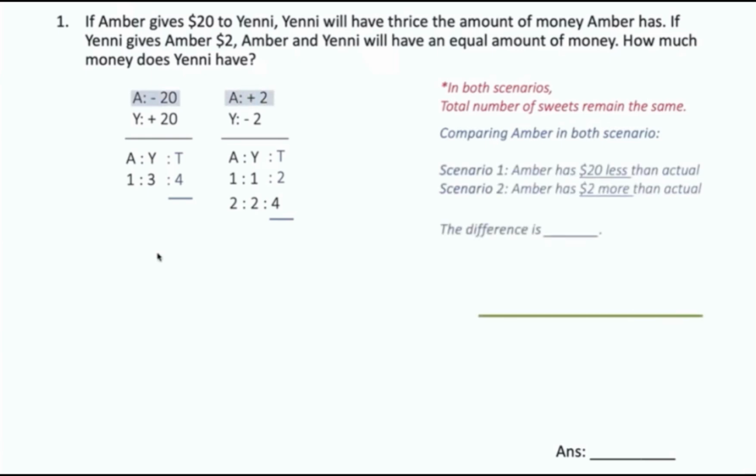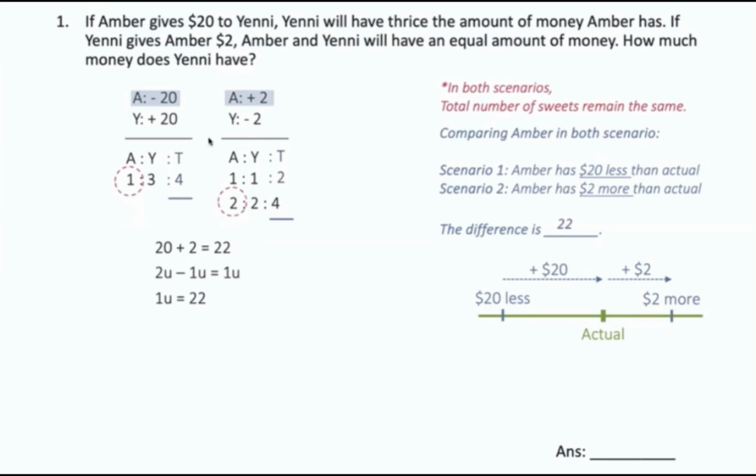So one is $20 fewer, one is $2 more. The difference is 22. Got it? Who has a question? This is a common mistake. A lot of people will do 20 minus 2. So now I tell you, don't make this mistake again. So $22 is equal to, from 1 unit to 2 units, so $22 is 1 unit.